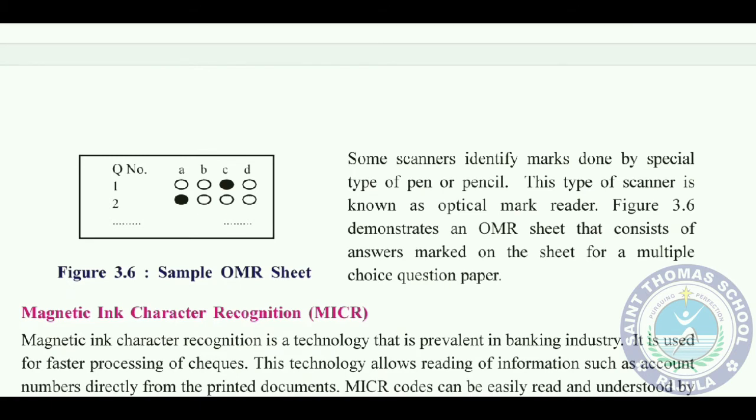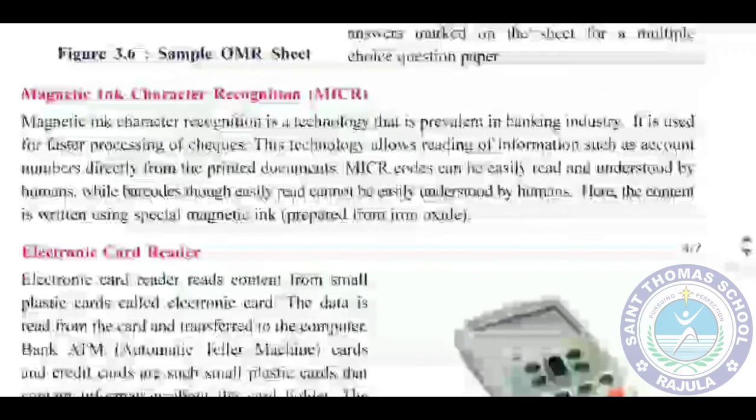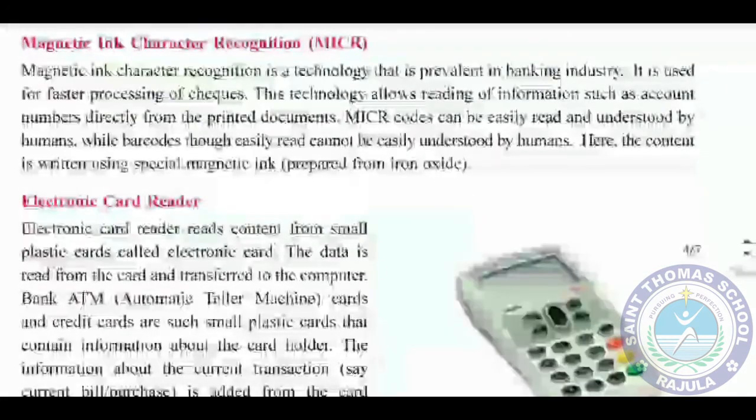So these are the scanners we have discussed. How many types of scanners have we discussed? That is the image scanner, barcode scanner, optical character reader and optical mark reader. 4 types of scanners.